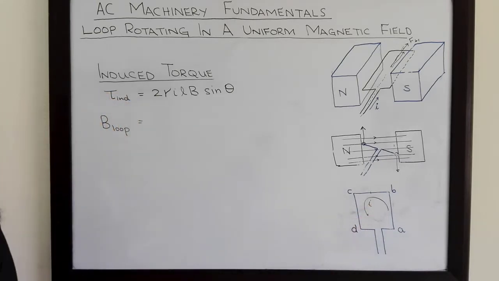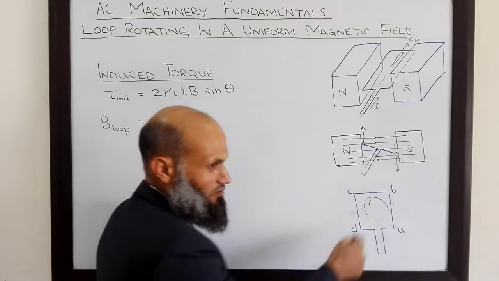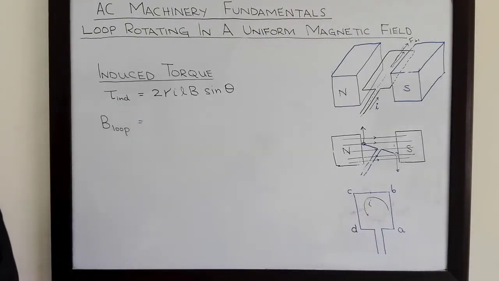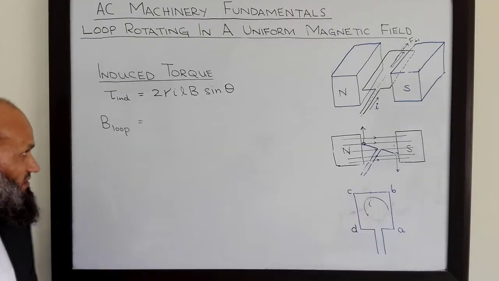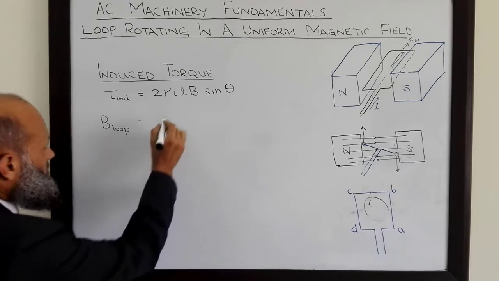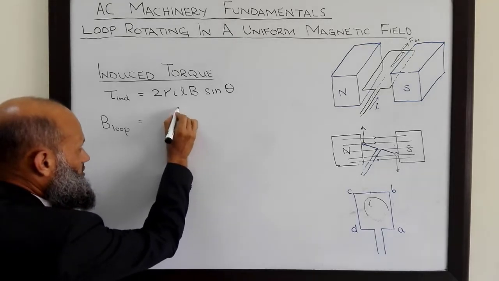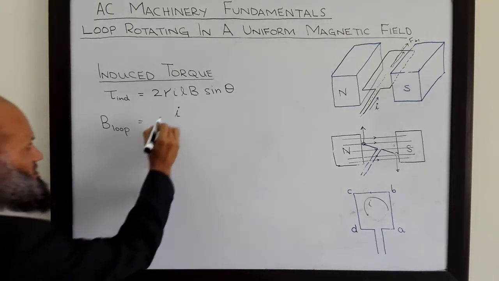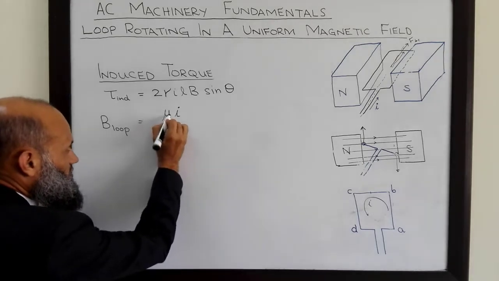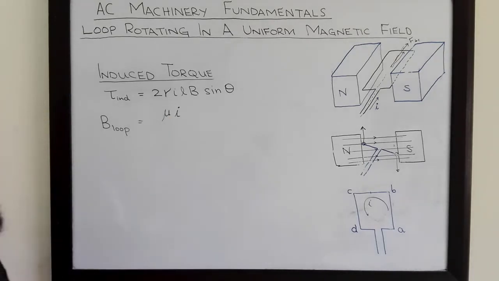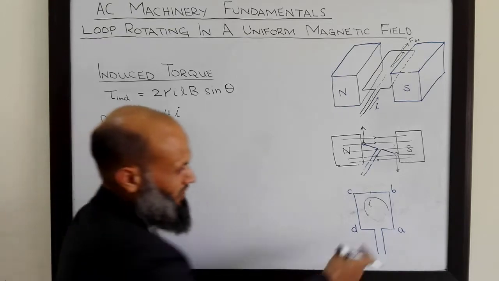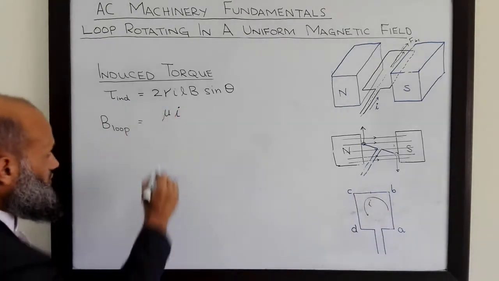More is the current, more will be flux density. It also depends upon the permeability of the path followed by flux lines. So this B loop is dependent upon current in the coil, it depends upon the permeability, and it also depends upon geometry of the coil.